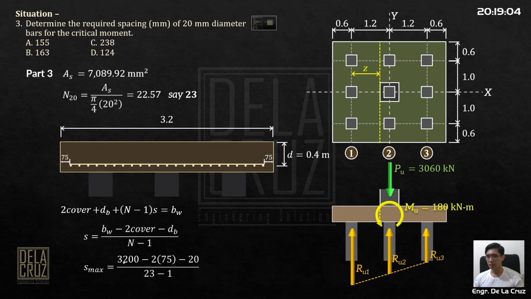Alright, kung i-substitute natin 3,200 minus 275, dalawang cover, minus the bar diameter used is 20, over number of bars is 23, then minus 1. Ito sana yung correct answer: 137.73. Okay, but wala siya sa choices. By the way, these are the exact choices of the examiner.